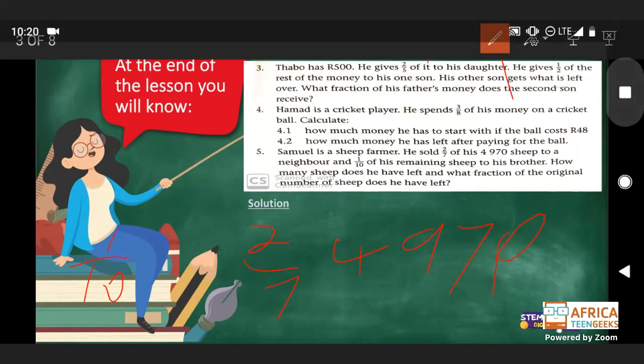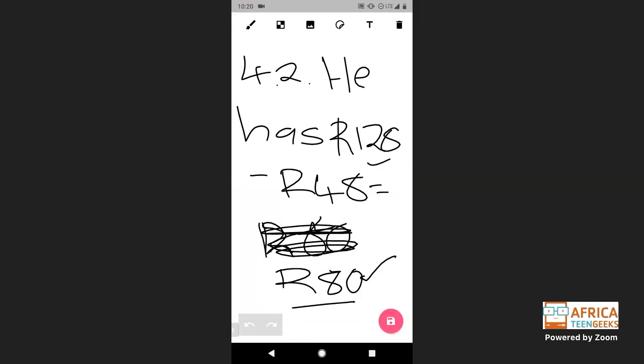Then we need our whiteboard, not a smart board, right? So we have number 5. So this person has how many sheep? He has 4,970 sheep, right? He sold 2/7 of his sheep. So we'll say over 1 because we are working with fractions, multiply by 2/7.